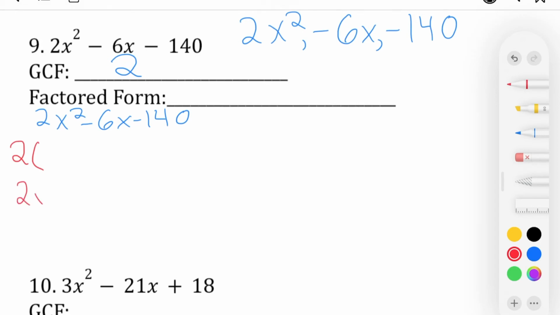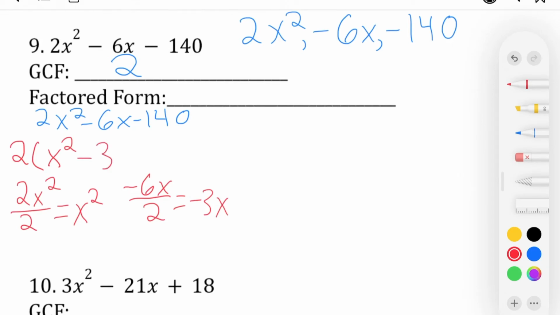So we have 2x squared divided by our greatest common factor, and we're left with x squared. Then our next term was negative 6x, and we are dividing it by our greatest common factor, which is 2, and we get negative 3x.